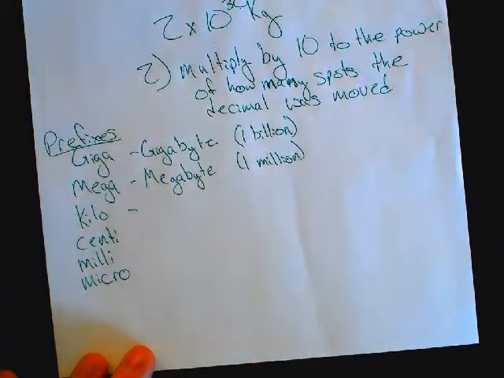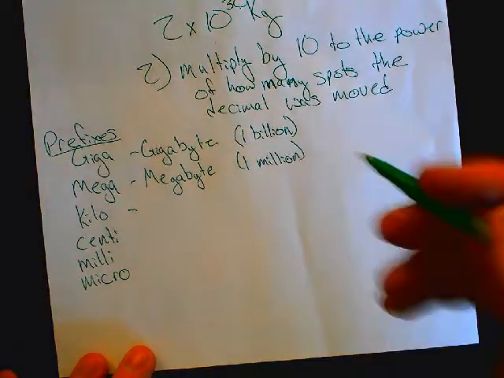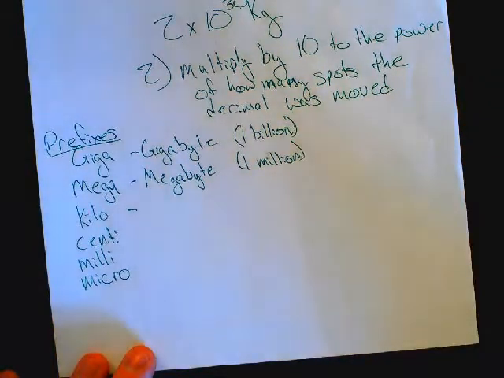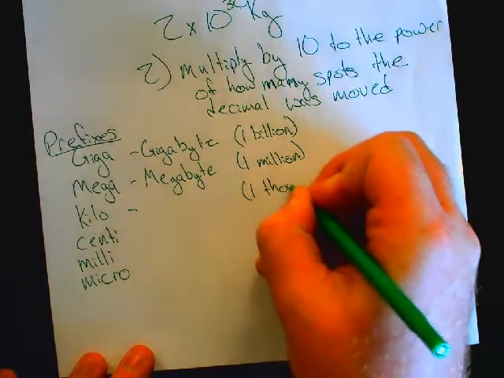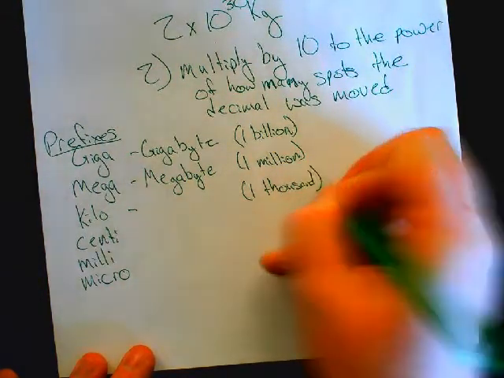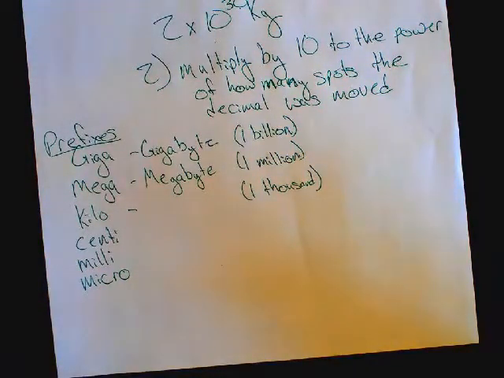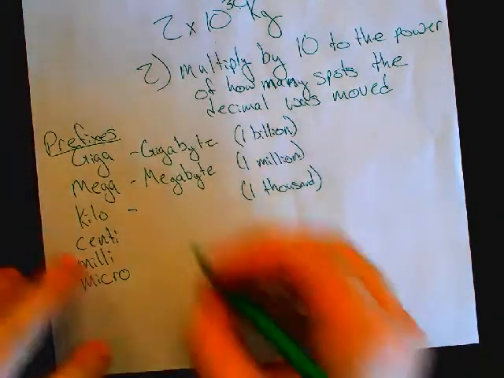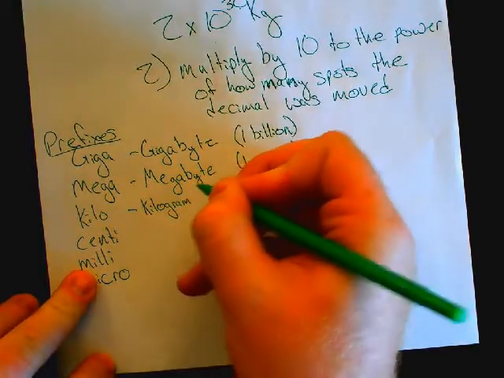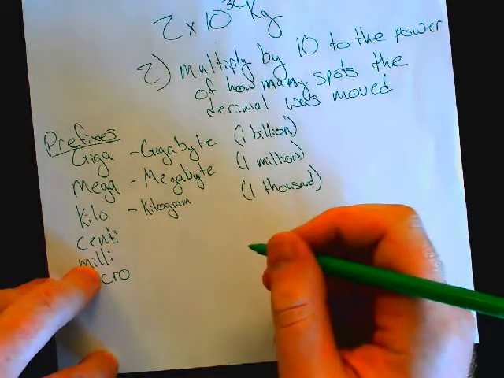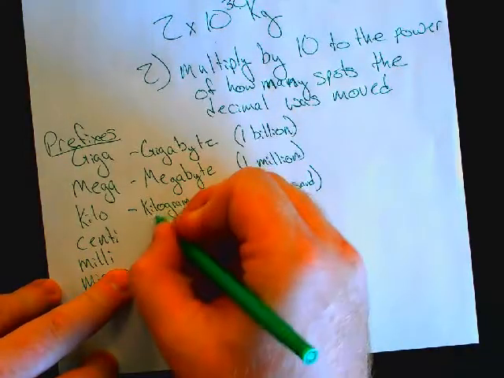Kilo. One step down even further. Well, if this was a billion, this was a million, what's kilo going to be? I heard it. 1,000. All right, where have you heard kilo? Kilogram, I heard. Kiloliter.